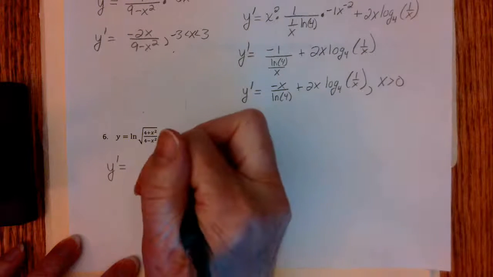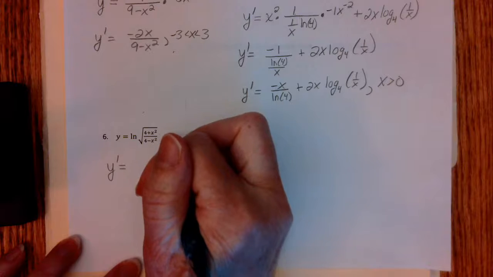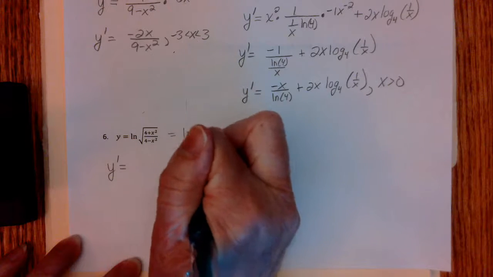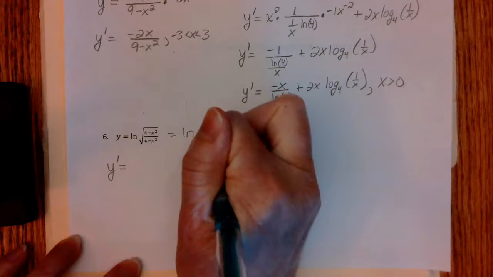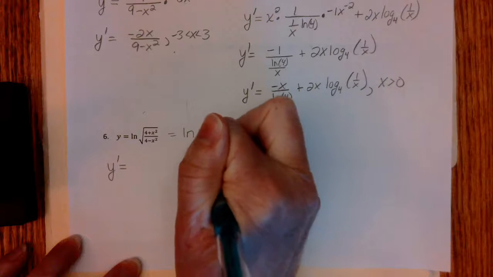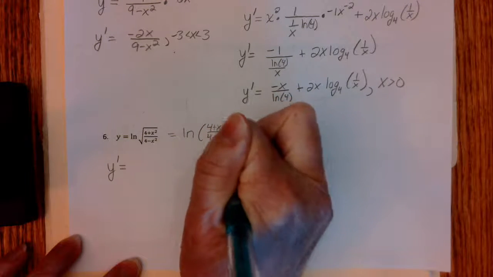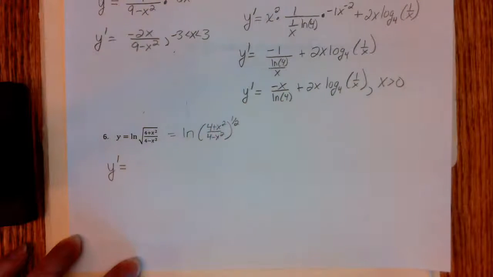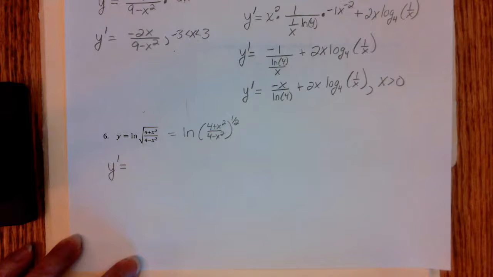You can do a rewrite to this and think of it as the natural log of 4 plus x squared over 4 minus x squared, all raised to the 1/2. The reason I'm doing this is I'm thinking before I'm jumping in to make the derivative the easiest possible version.